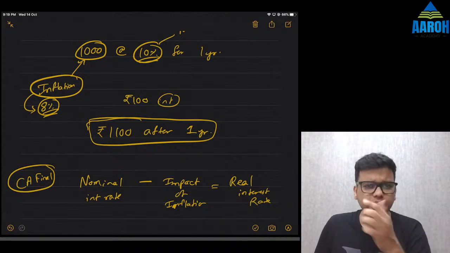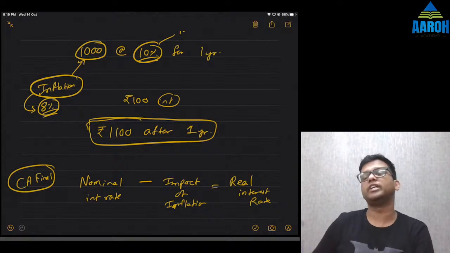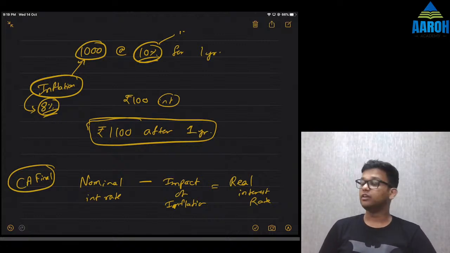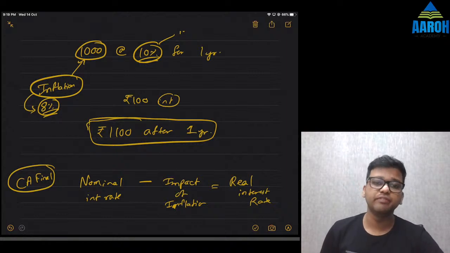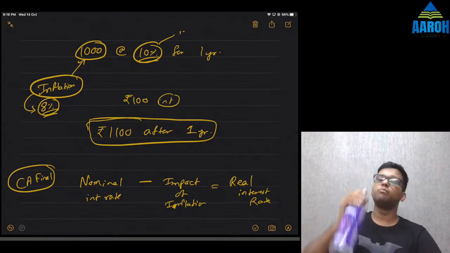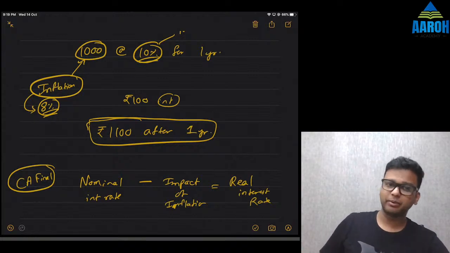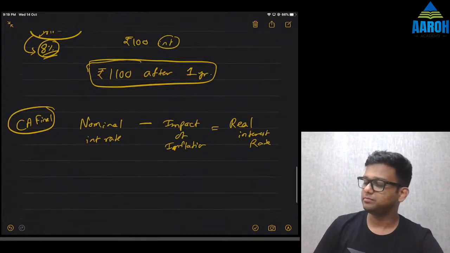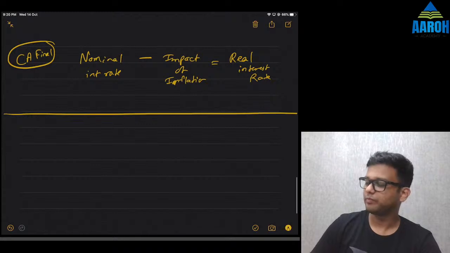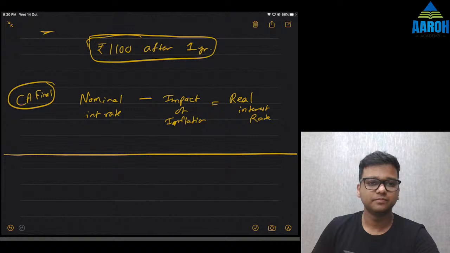We have seen this real concept, real value concept in some other chapter also. Can anyone tell me which chapter? We have seen this real income concept in some other chapter also. Can anyone tell me which one? If anyone remembers. No one?